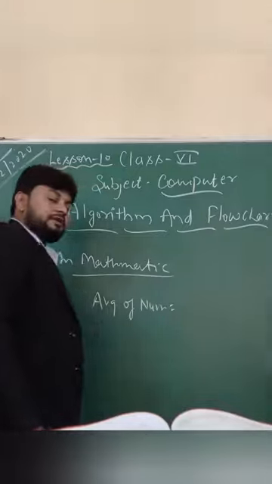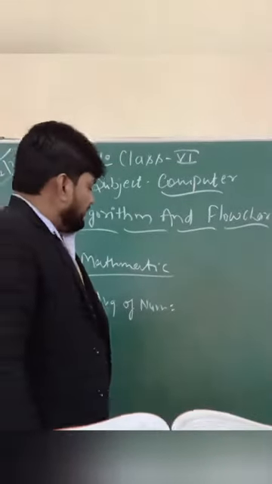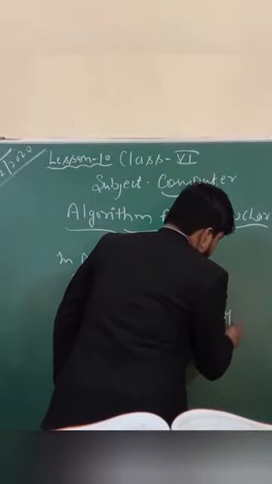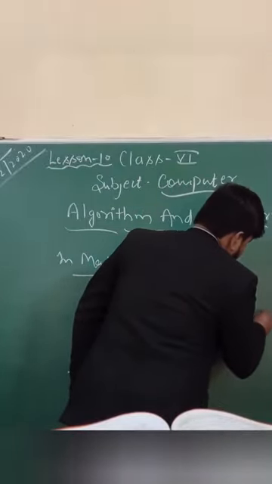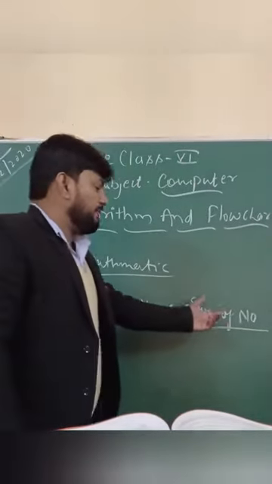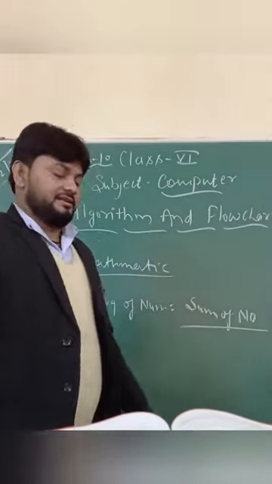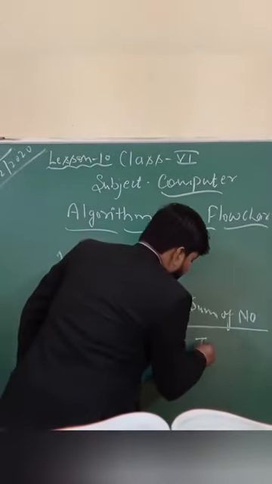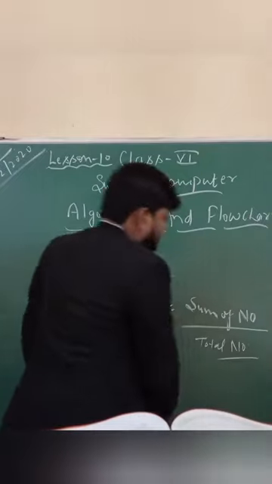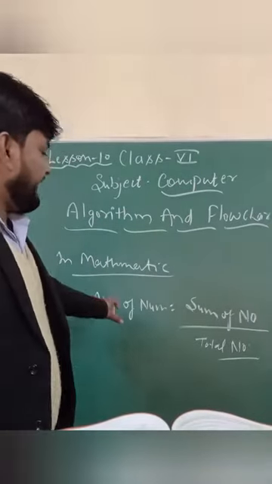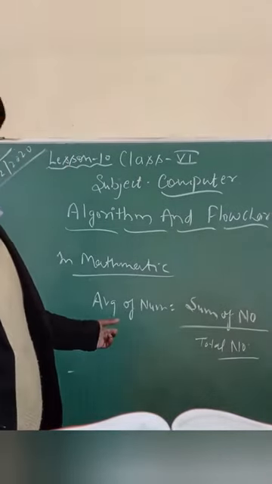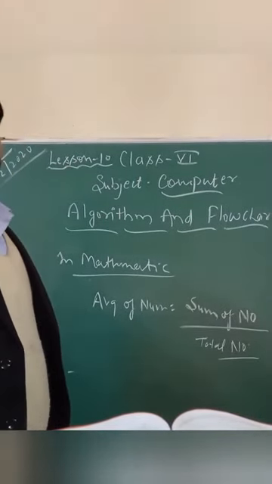What is the formula? Sum of numbers upon total number of numbers. Got it? That's the formula. Apply it in the algorithm, then print and stop.